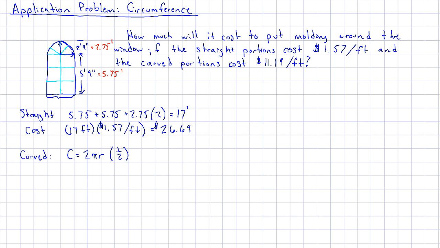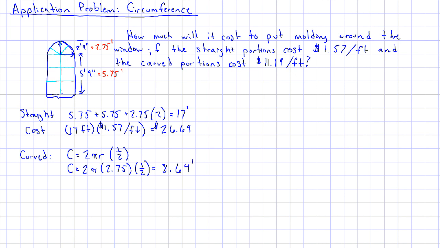Then I need to plug in my values. I know what the radius is. It's 2.75. I was given that in the problem statement. So 2 pi times 2.75 times 1/2 will be, I'll call it 8.64 feet.